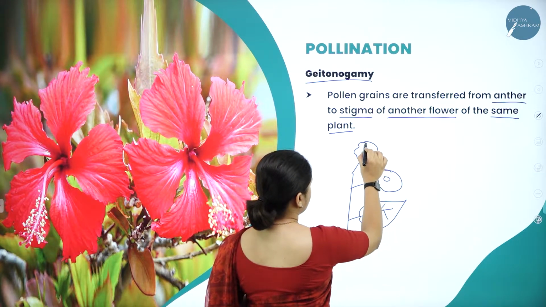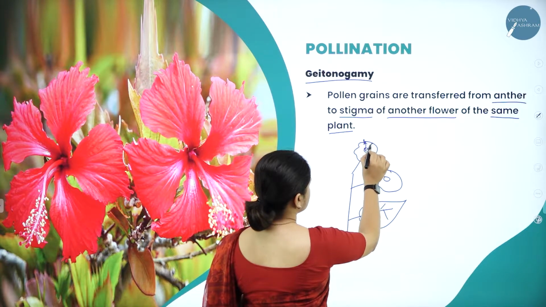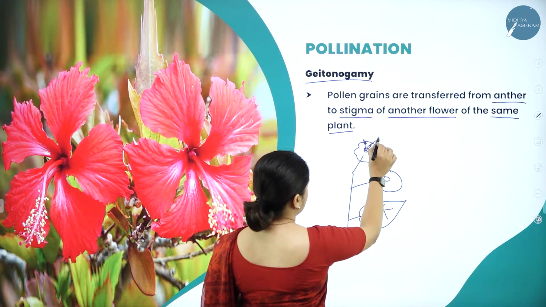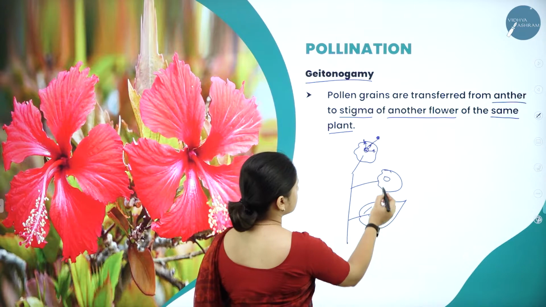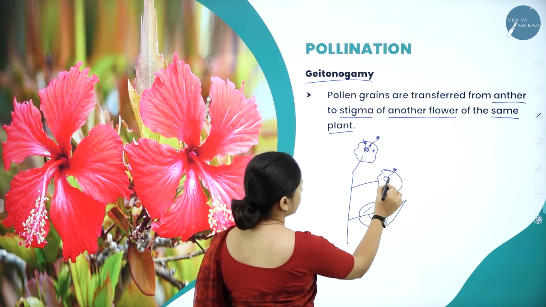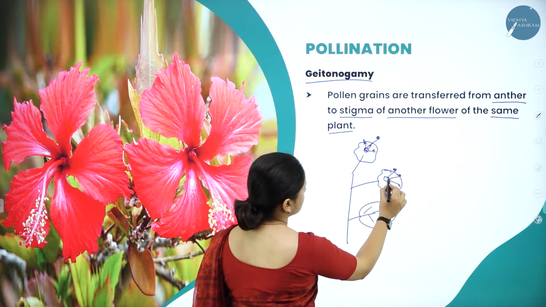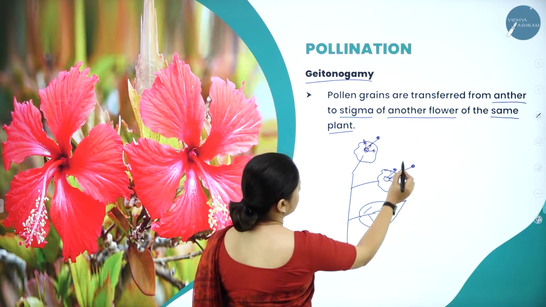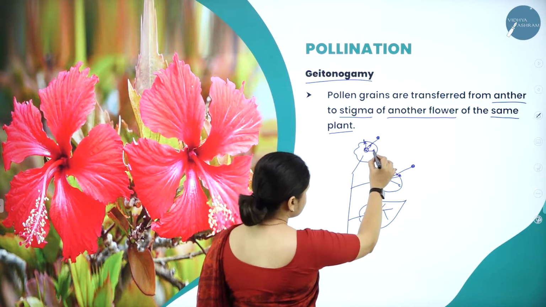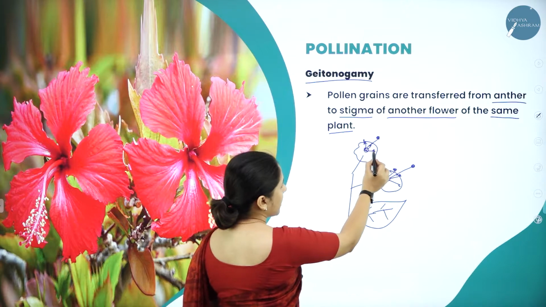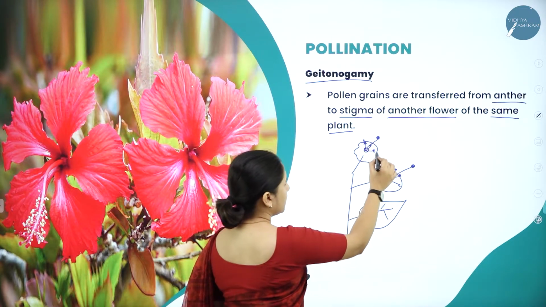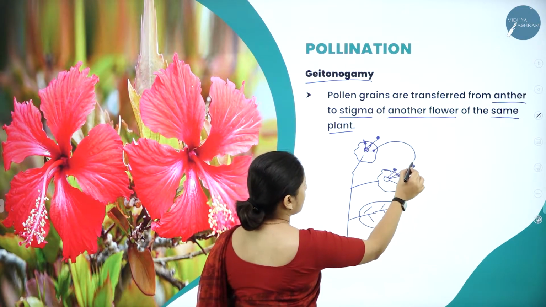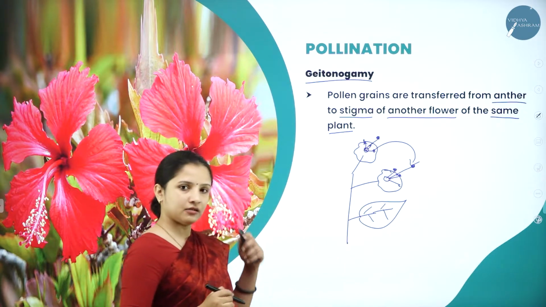Even this flower will have the anther and the stigma. So from the anther of this particular flower, the pollen grains can fall on the stigma of another flower.